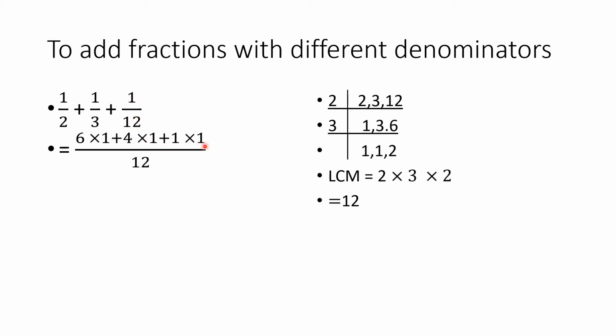Multiply by 1. Now 6 ones are 6 plus 4 ones are 4 plus 1 ones are 1, and by 12, it is our denominator. Now we will solve this numerator. 6 plus 4 plus 1 equals 11. It means 11 by 12 is your sum, and it is the simplest form.